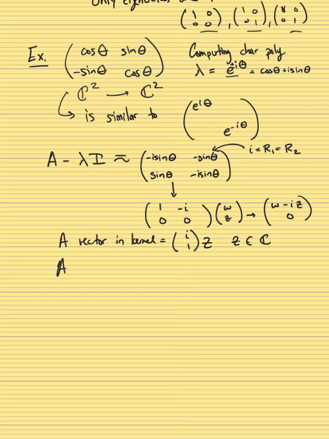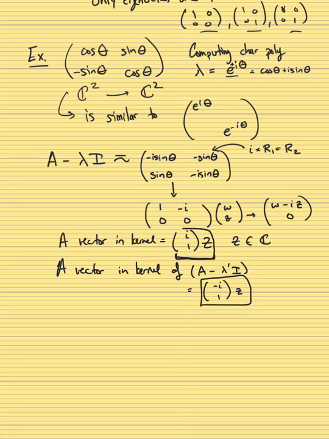And so that's one eigenvector, or set of eigenvectors. And the other one, the vectors in the kernel of A minus lambda prime I, for e to the minus i theta instead of e to the i theta, is equal to a multiple of (minus i, 1) z. Okay, so these are your two collections of eigenvectors corresponding to these two eigenvalues.